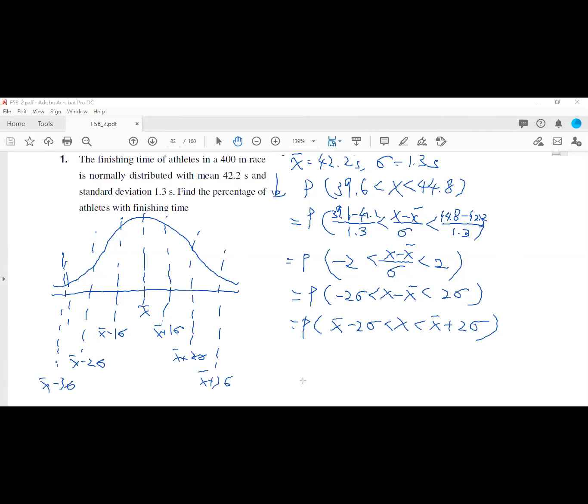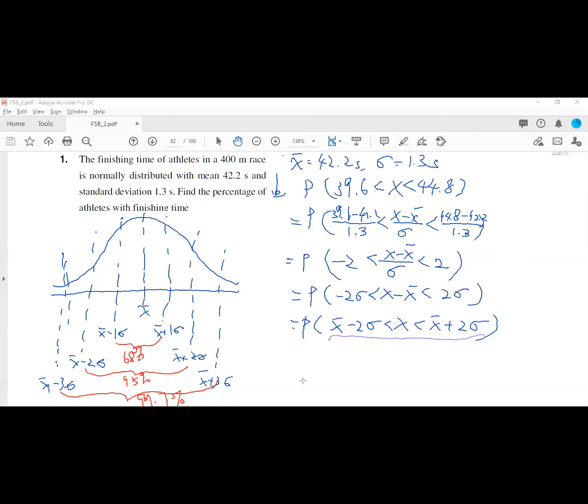And then we have the numbers to be, this one is 68%, 95%, and 99.7%. OK, so remember these 3 numbers, these 3 have to be memorized. They might not give them to you.